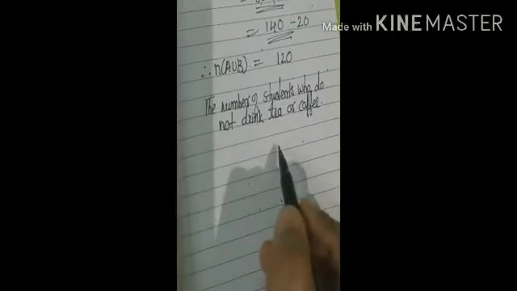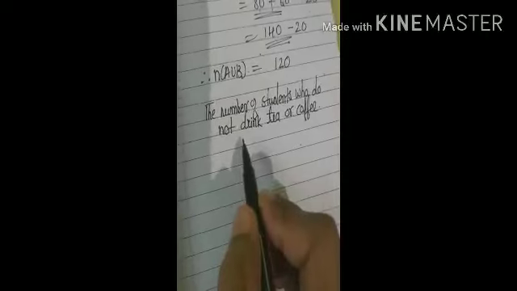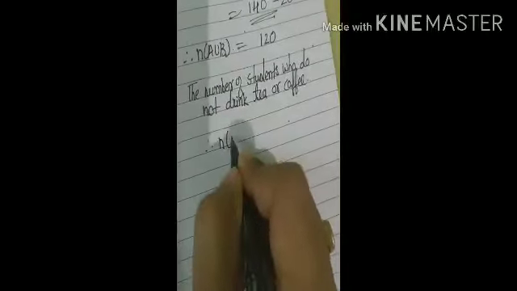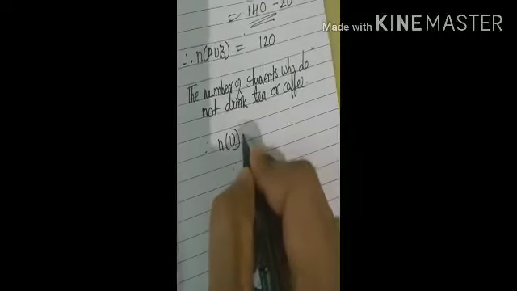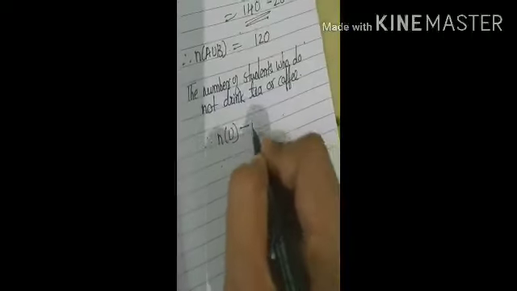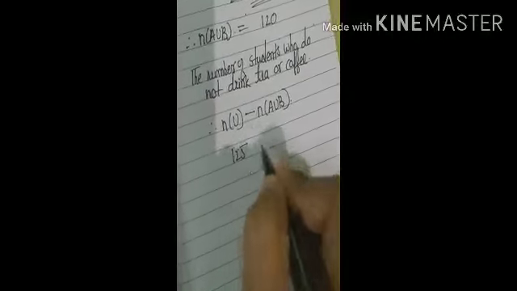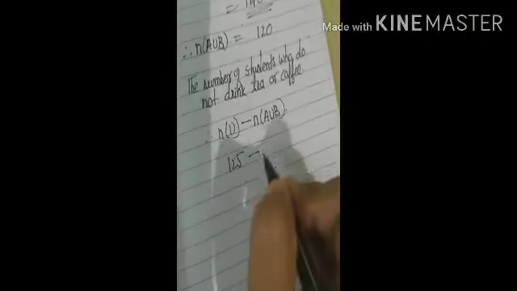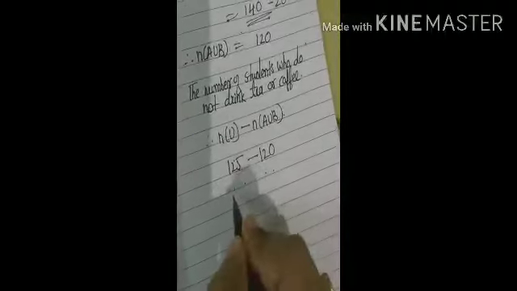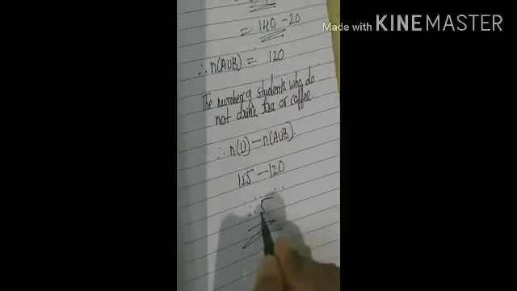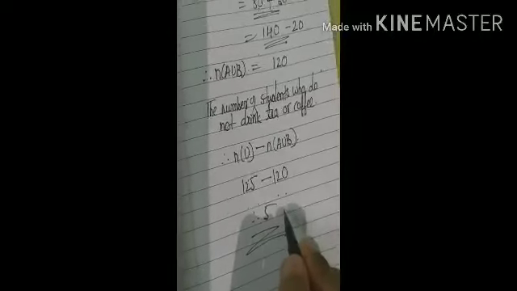Universal minus union. Universal, what is given in the question? 125. Therefore, n(U) minus n(A union B). Here universal is given as 125, minus the union we got, 120. So we get 5. There are 5 students who do not drink tea or coffee.